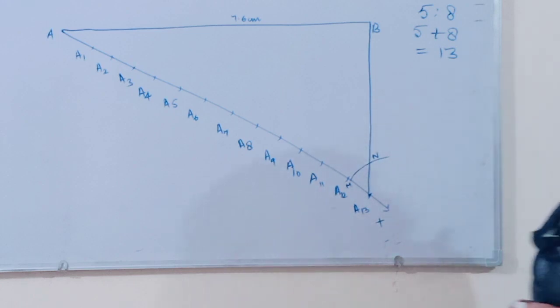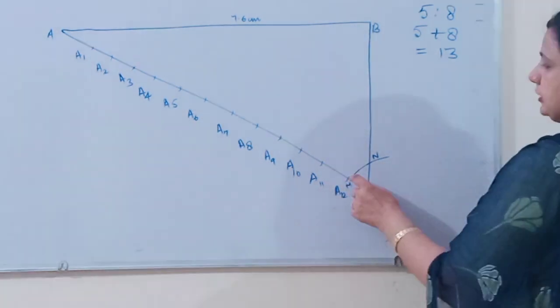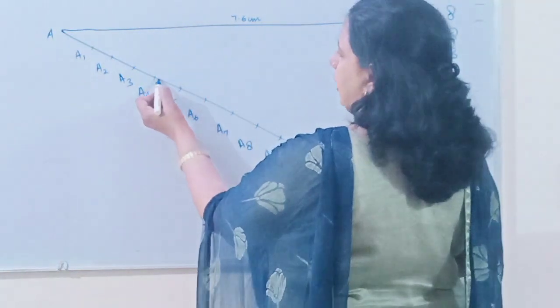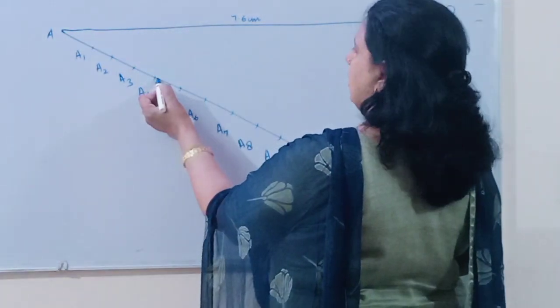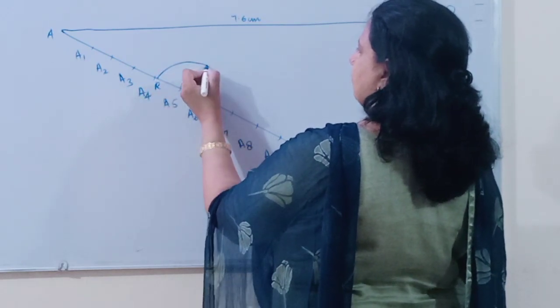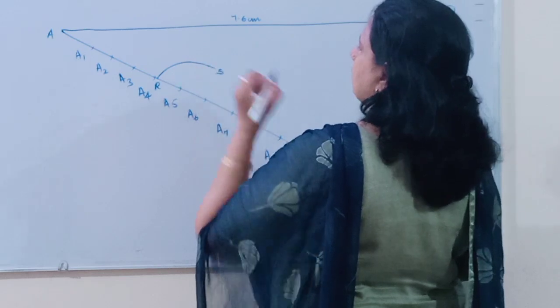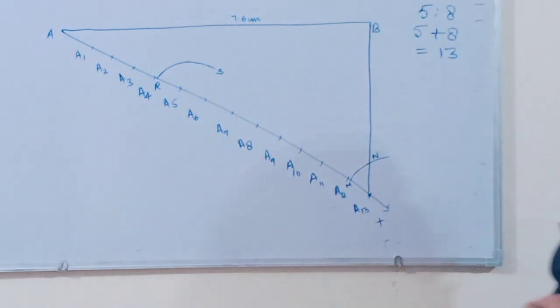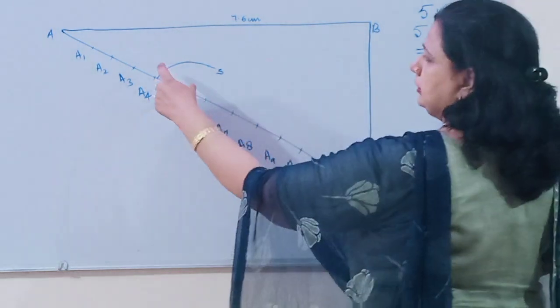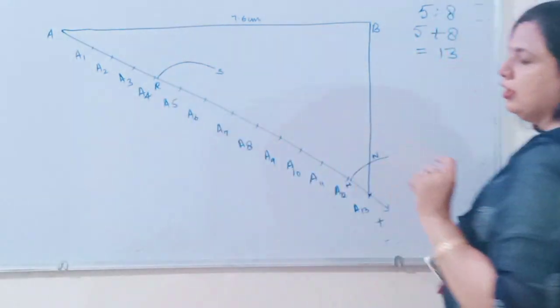With the same distance, A13M, keeping the needle of the compass at A5, draw another arc RS. The distance will be the same, A13M and A5R.